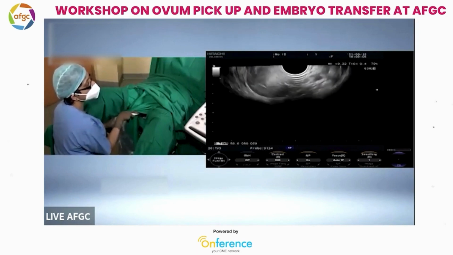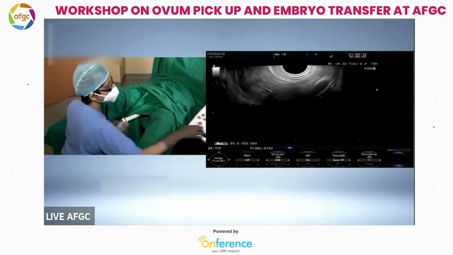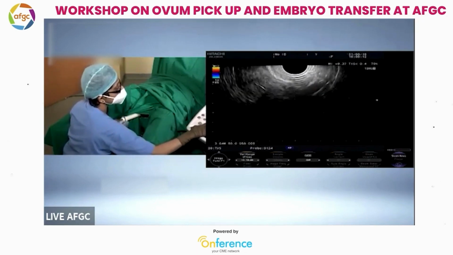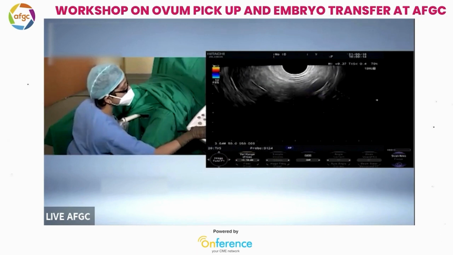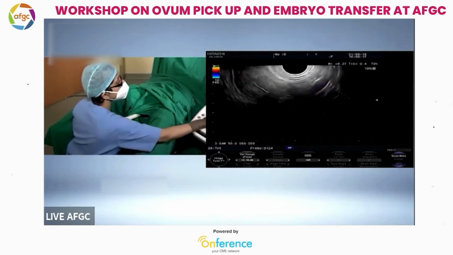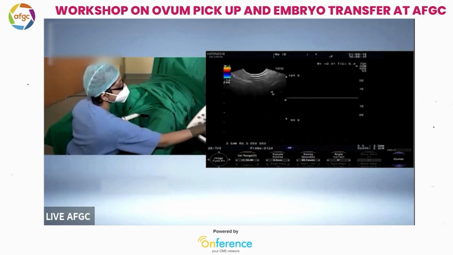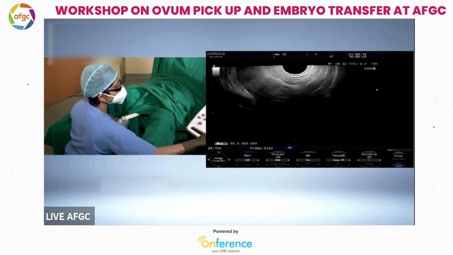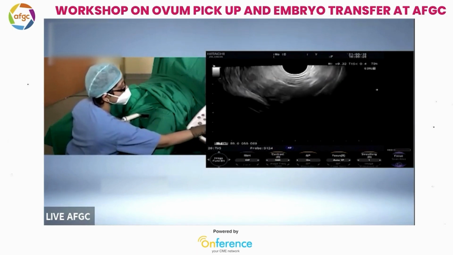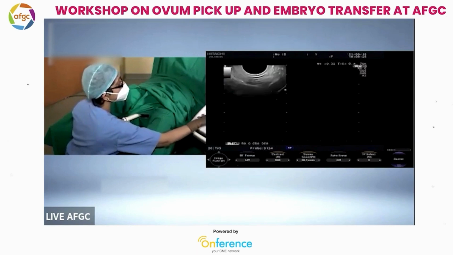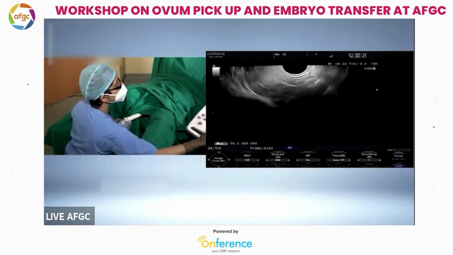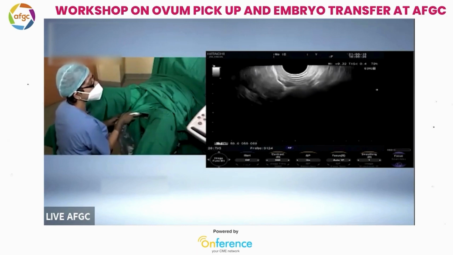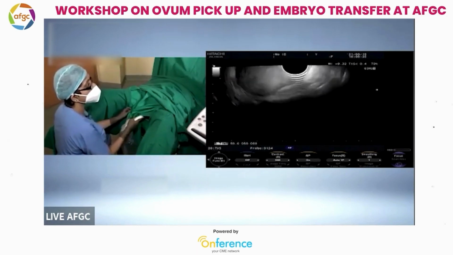What I can see here is the iliac vessel, which I am trying to show. Very important to pick it up in the 2D.